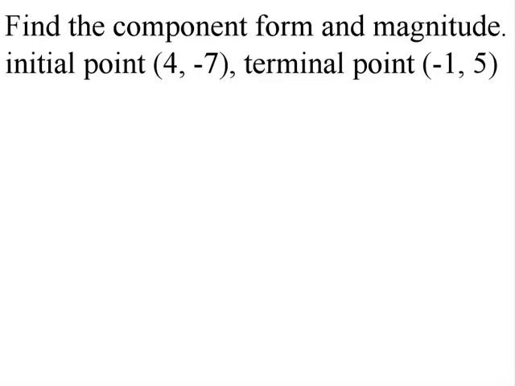So let's go ahead and look at this. It says find the component form and the magnitude given the initial point and the terminal point. This is defined as P1, P2, and this is defined as Q1, Q2.